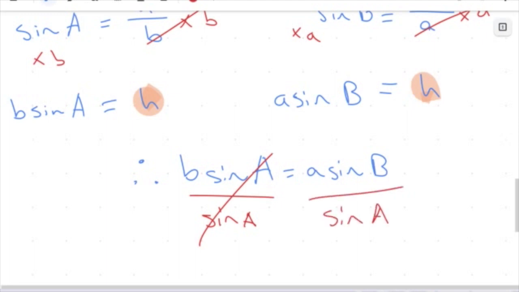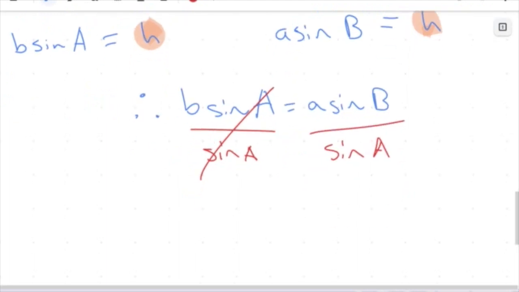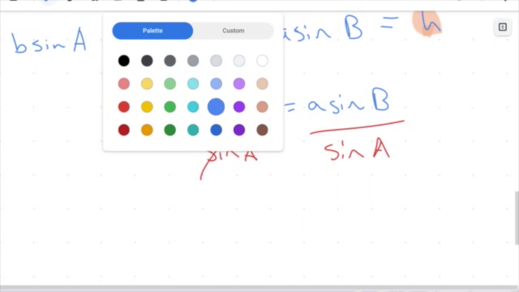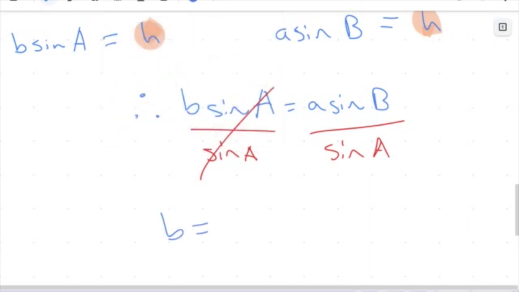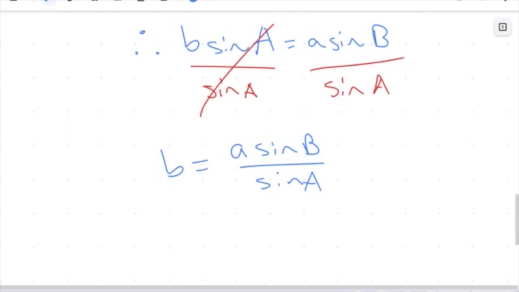And since this is an equation, I'm doing this to both sides. So I have here b equals a sine B over sine A. And I want to get the sine B over with the b on the left hand side.